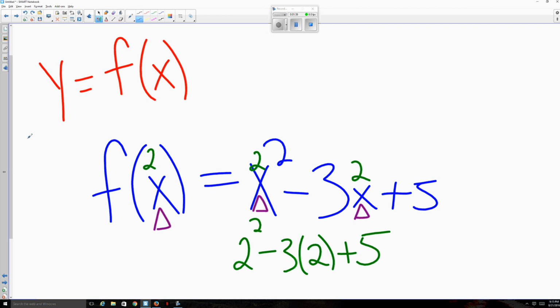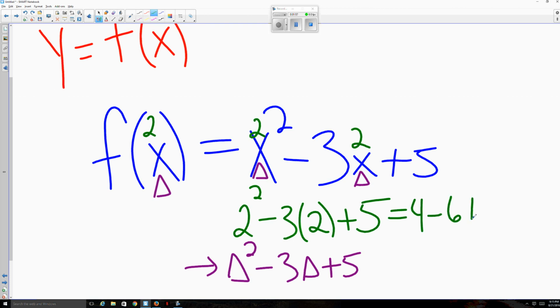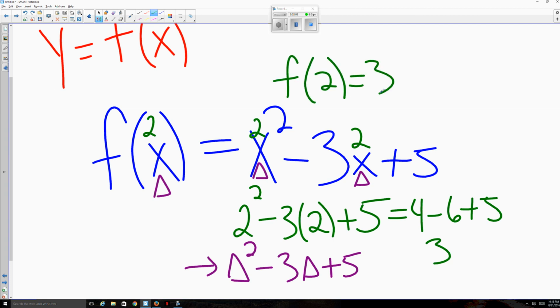So I would have triangle squared minus 3 times triangle plus 5. Now, this one we can't simplify, obviously. But the green one we can. That's 4 minus 6 plus 5. So that's 3. So we would say that f of 2 equals 3.